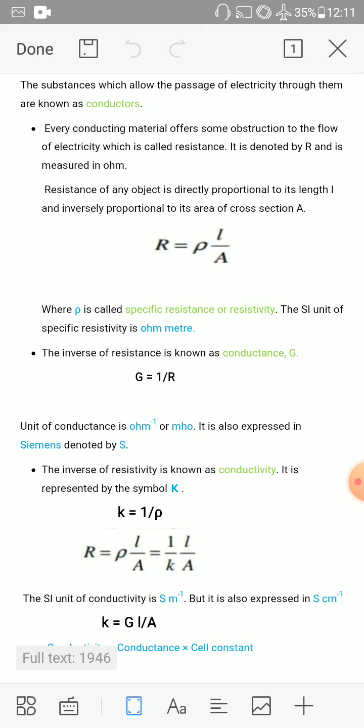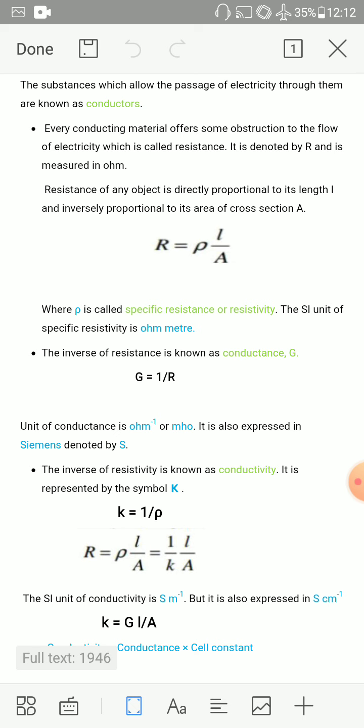The inverse of resistivity, that is inverse of rho, is called conductivity. Inverse of capital R is called conductance, and inverse of rho is called conductivity. Conductivity is represented by the symbol kappa.